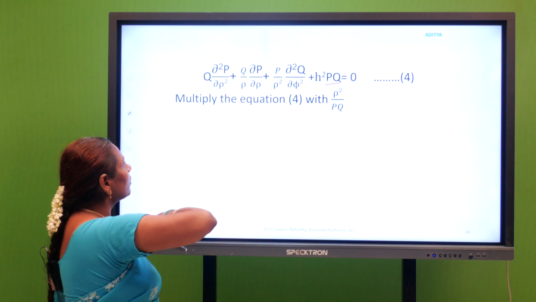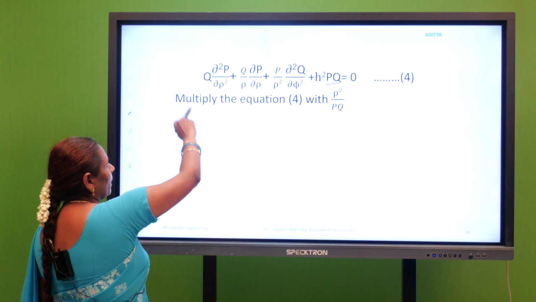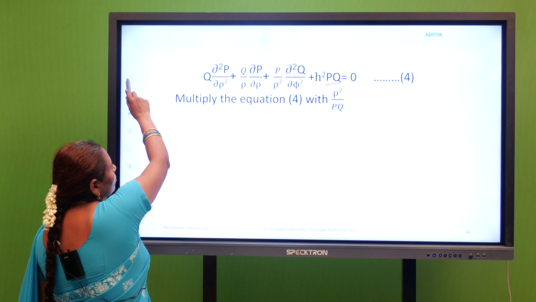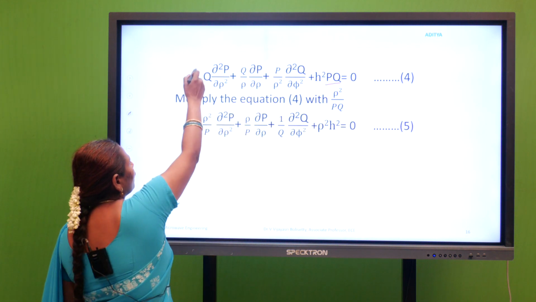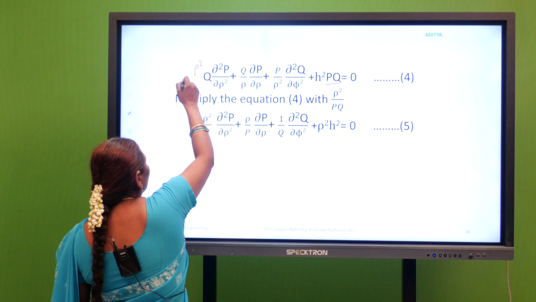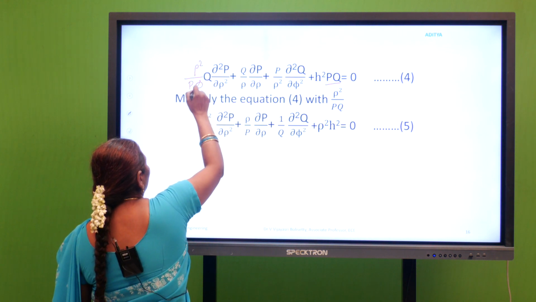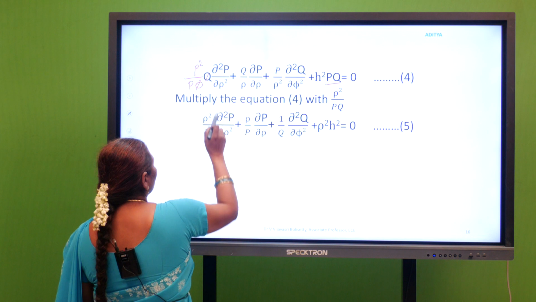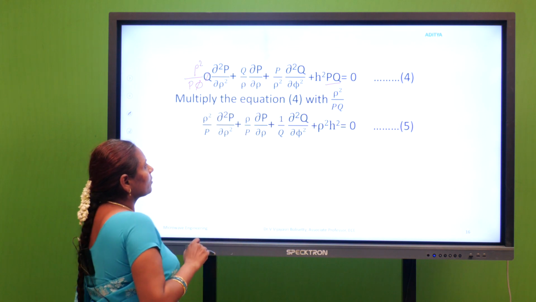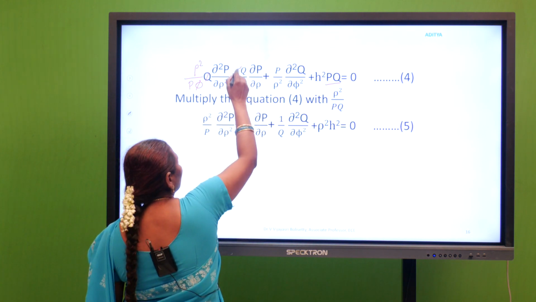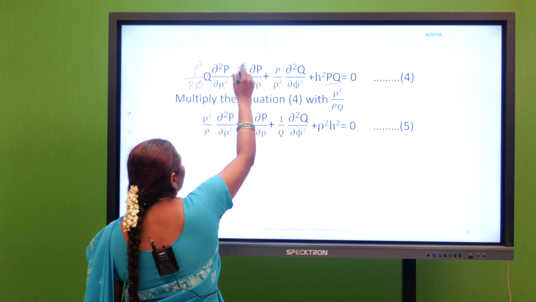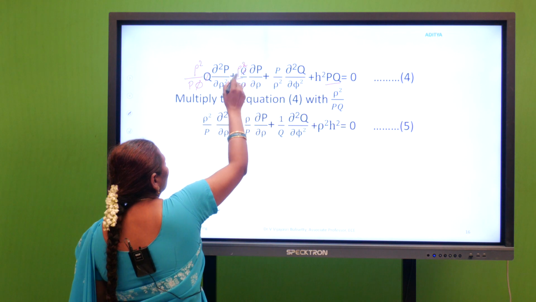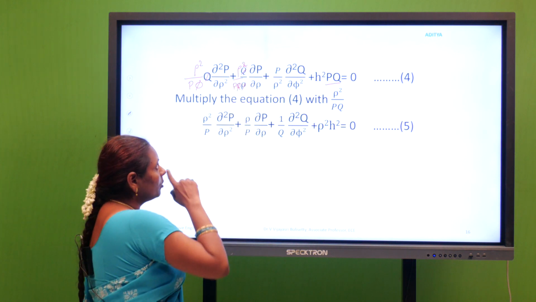Multiply this equation with rho square by PQ, we are going to get this relation. Q gets cancelled, so rho square by P, dou square P by dou rho square. Similarly, rho by P, dou P by dou rho.